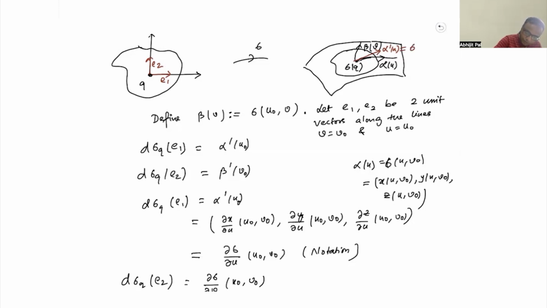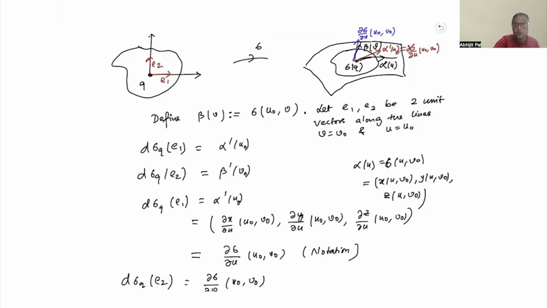So what we have here: this tangent vector alpha prime u naught is del sigma del u at the point (u naught, v naught). And similarly, for the curve beta, I'll get a tangent vector, which is del sigma del b at the point (u naught, v naught).